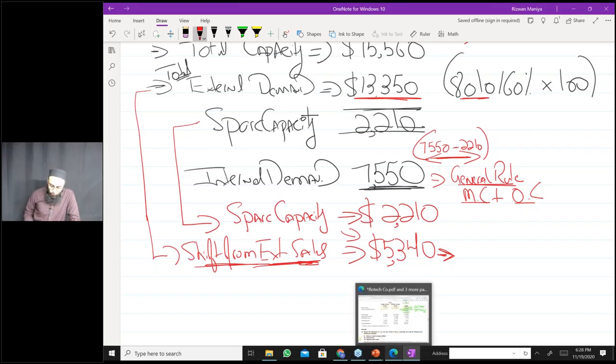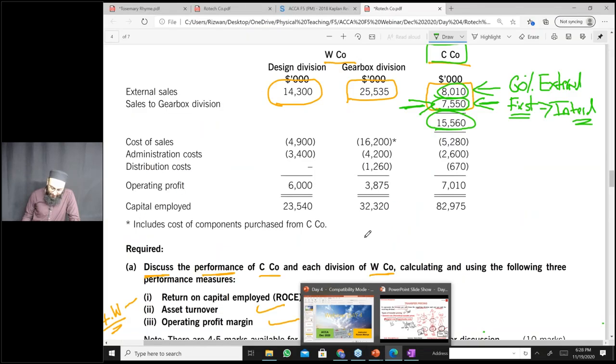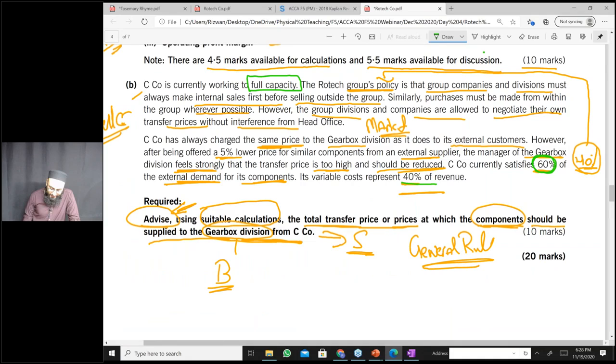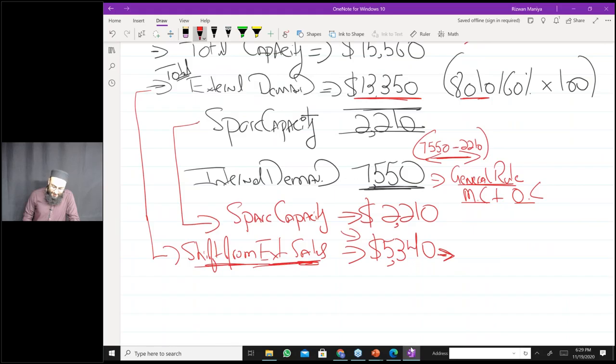If you go to the question, it was very clearly mentioned that variable cost represents 40% of the revenue. Now, can you tell me the figure, please? I'm asking you, what is the variable cost of this figure 5340?